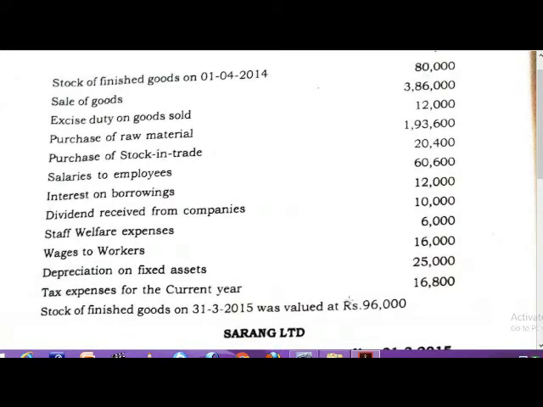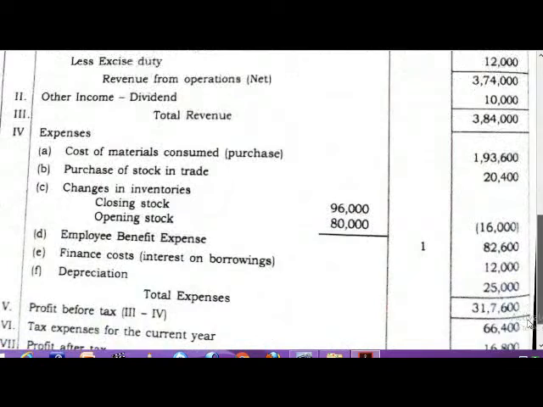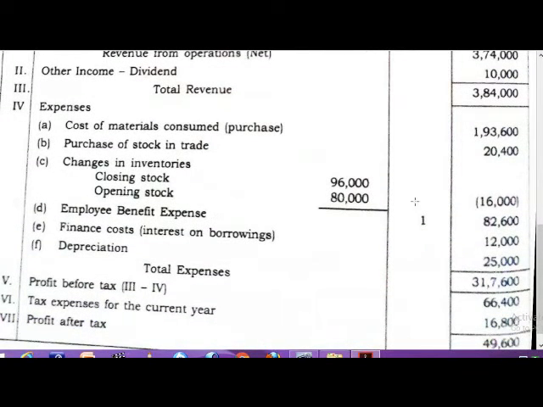The employee benefit expenses are 82,600. Then the other head is finance cost, which includes interest on borrowings, 12,000. Finance cost is 12,000. Then the next item is depreciation on fixed assets, that is 25,000.